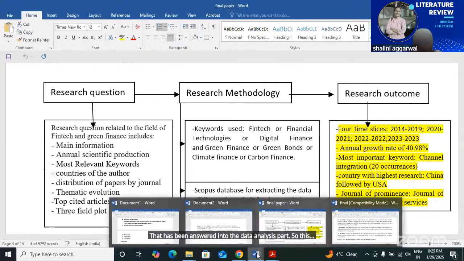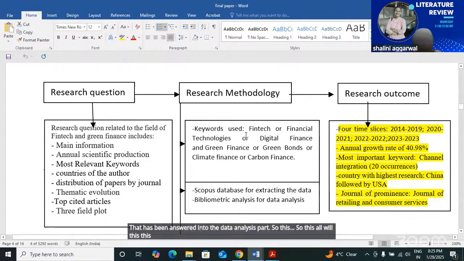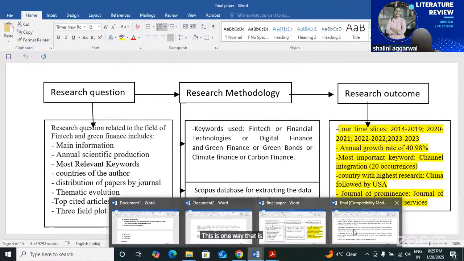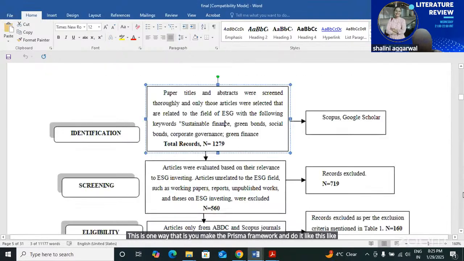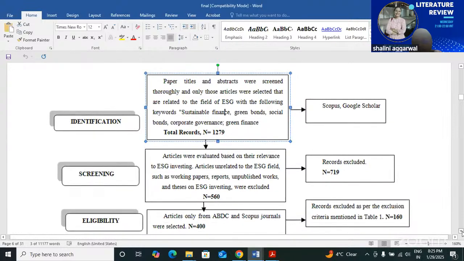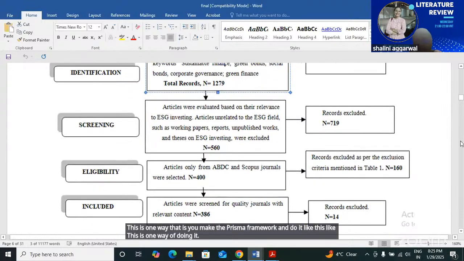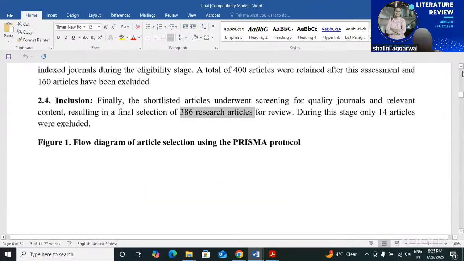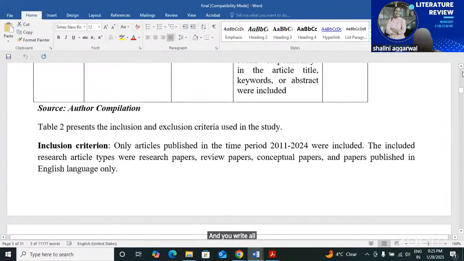This is another way of presenting the diagram in the research methodology section. This is one way, that you make the Prisma framework and do it like this. And all the stages have to be written.